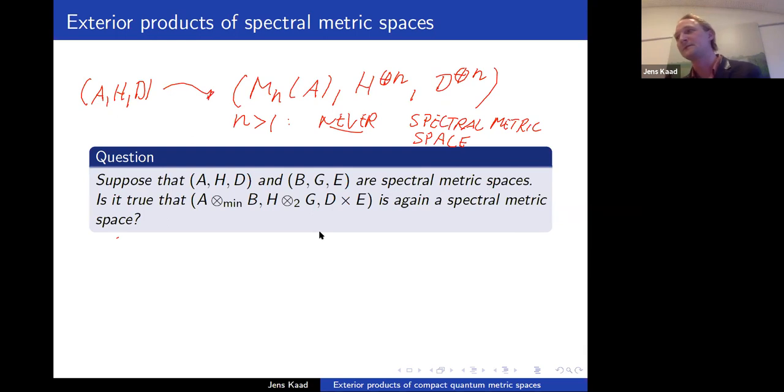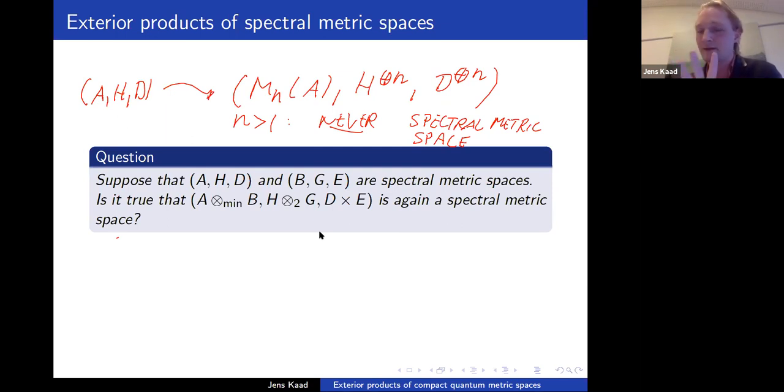This means that I would like to pass to a completely bounded setting when I deal with compact quantum metric spaces. And if you happen to know some operator space theory, you will know that if you look at operator spaces, you have to not only consider what happens on the operator space itself, but you always have to keep track of what happens on n-by-n matrices with entries in the operator space.